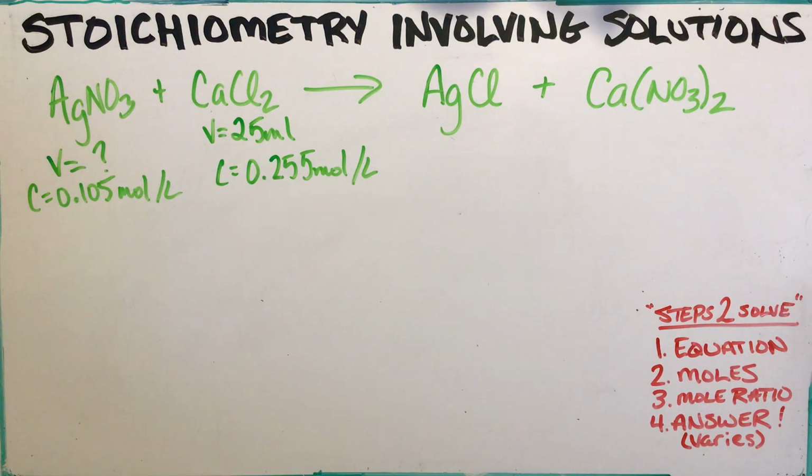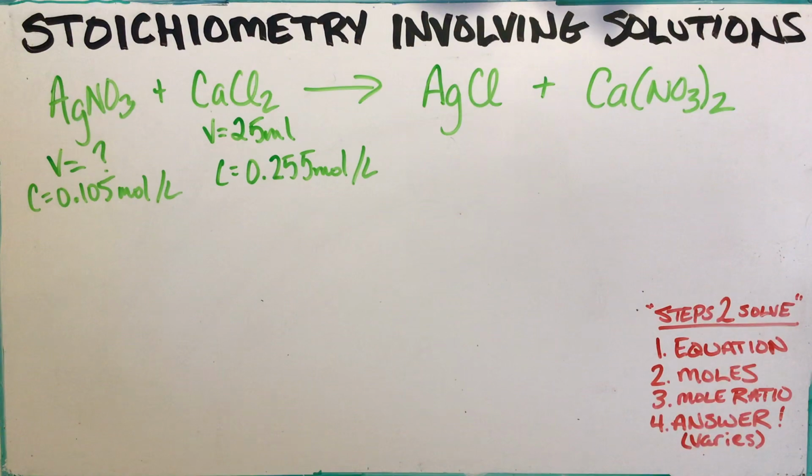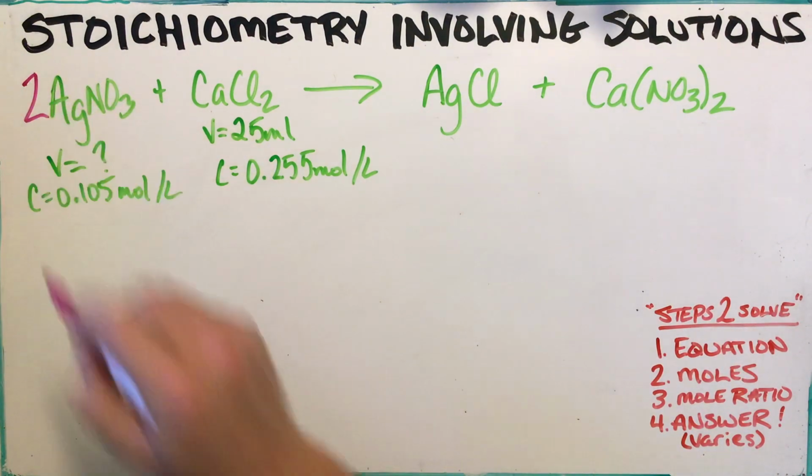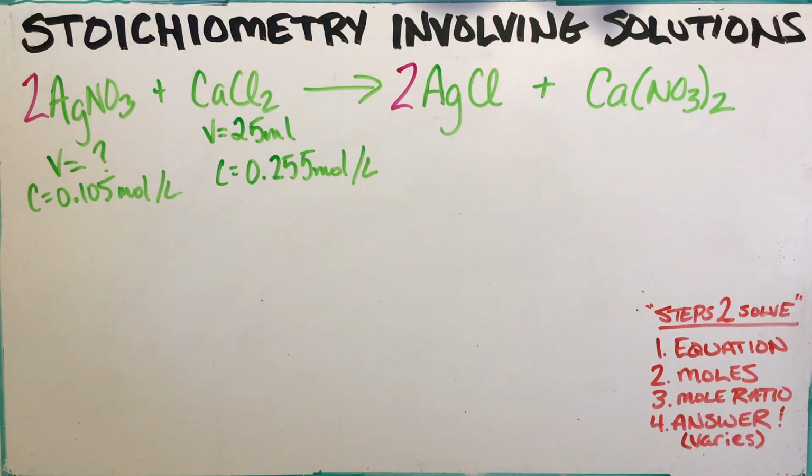So 1 silver, 1 silver. Nitrate, I've got 2 nitrate clusters there, so 2 goes in front of here. And that means 2 silver, so 2 silver. And that looks like it does it. All right, I'll do this one in orange. So I've got my equation done. That was part A.